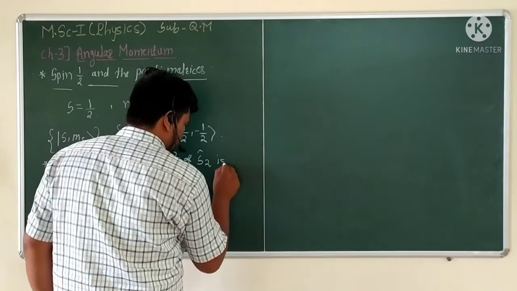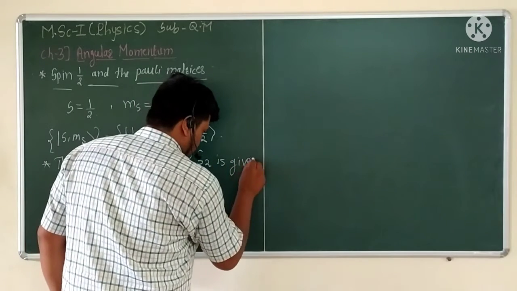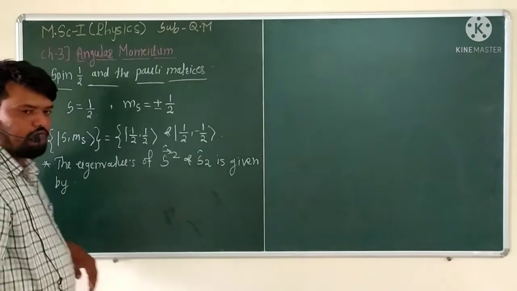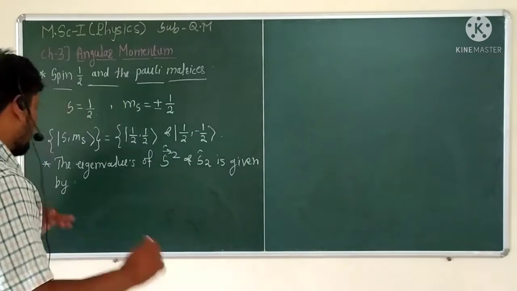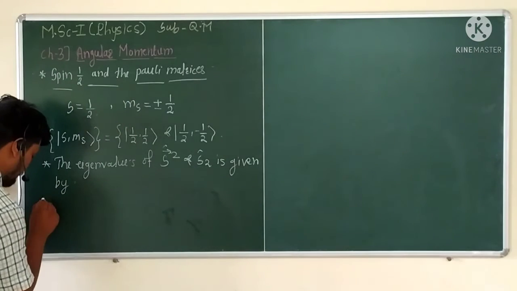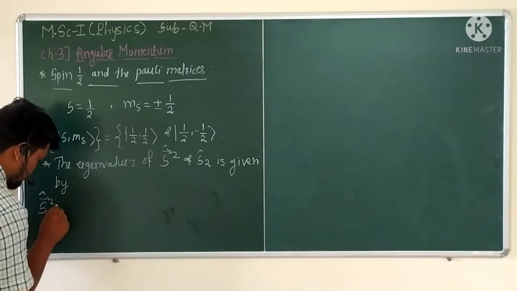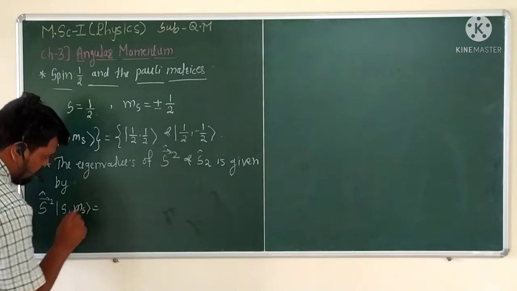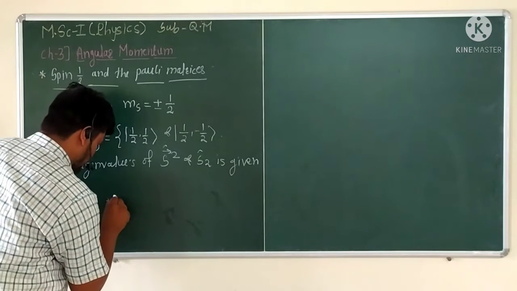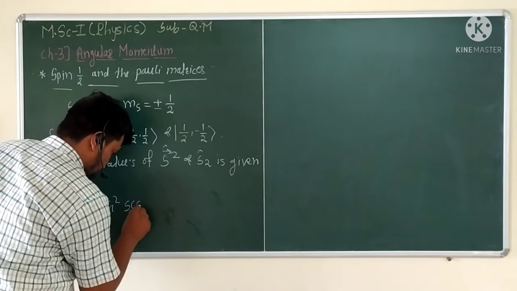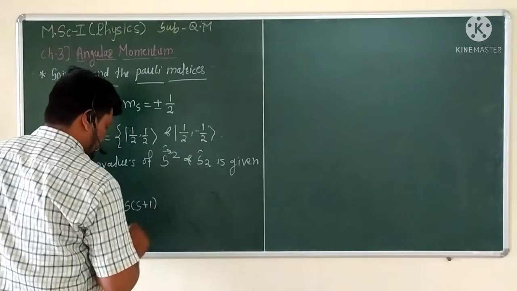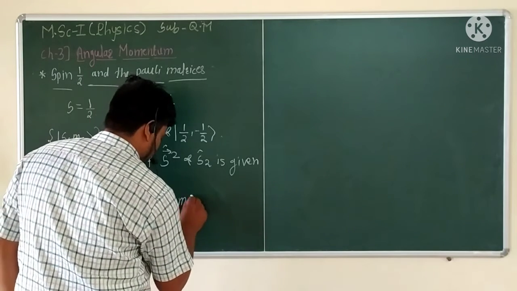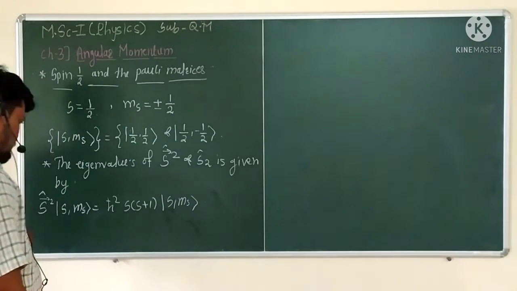The eigenvalue formula of S square, that is, the S cap operator squared acting on |s, ms>, is given by h cross square s into s plus 1 times the ket |s, ms>.